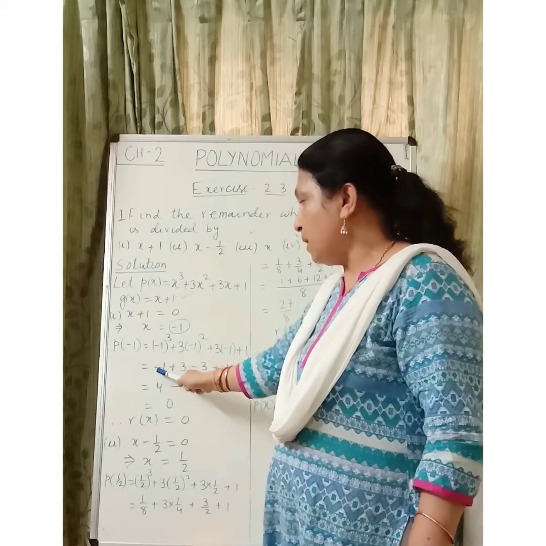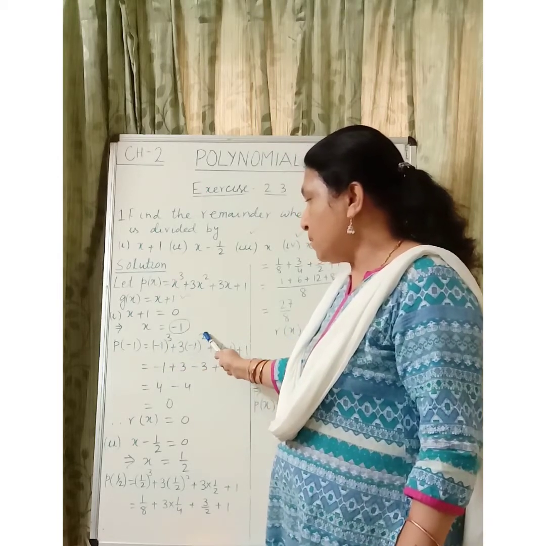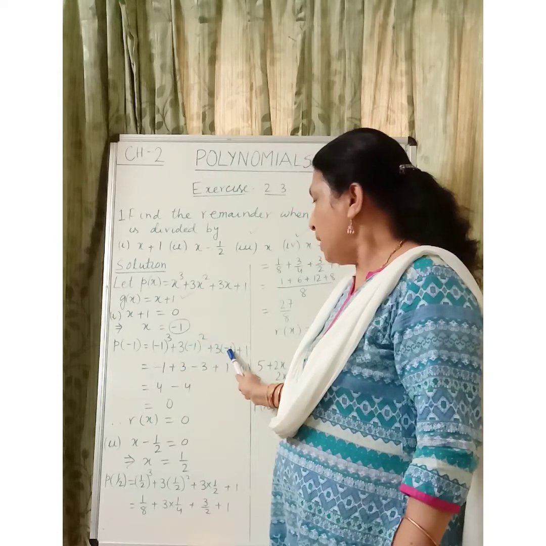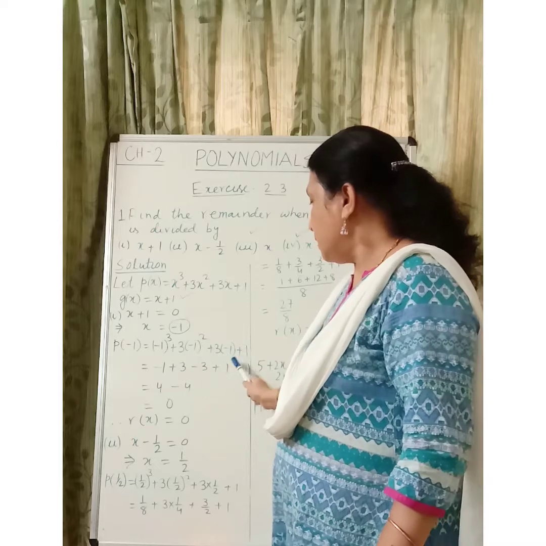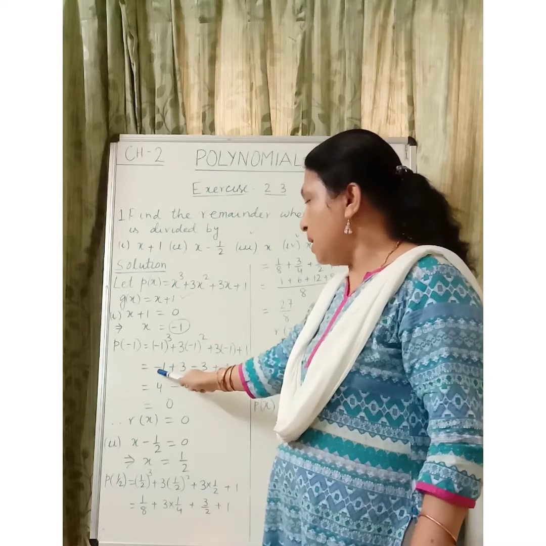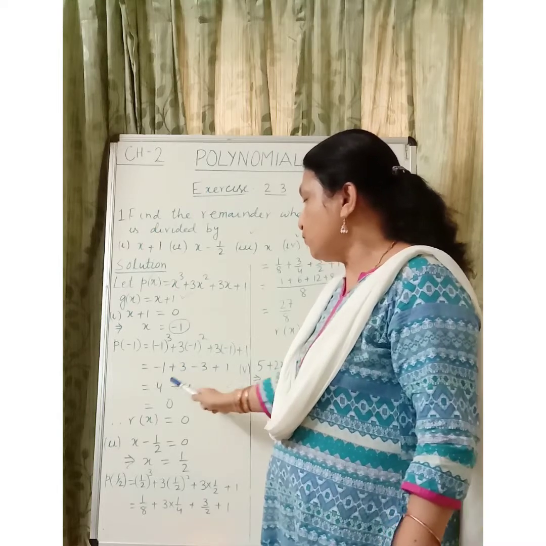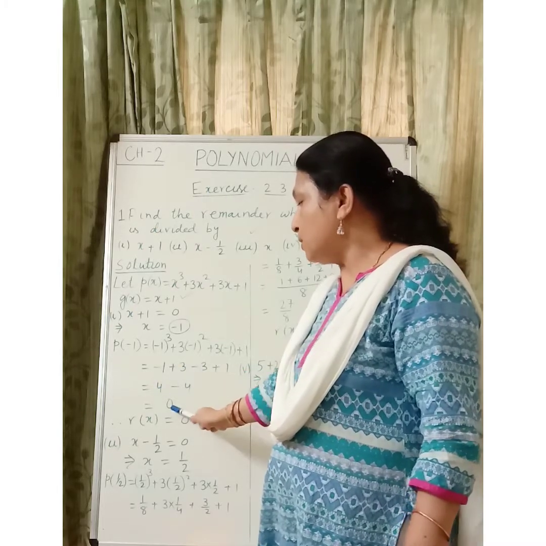Minus 1 cube is minus 1. Minus 1 square is 1. So 3 into 1 is 3. Then 3 into minus 1 is minus 3. Then plus 1. So you can see minus 1 minus 3 is minus 4. 3 plus 1 is 4. So 4 minus 4 is equal to 0.